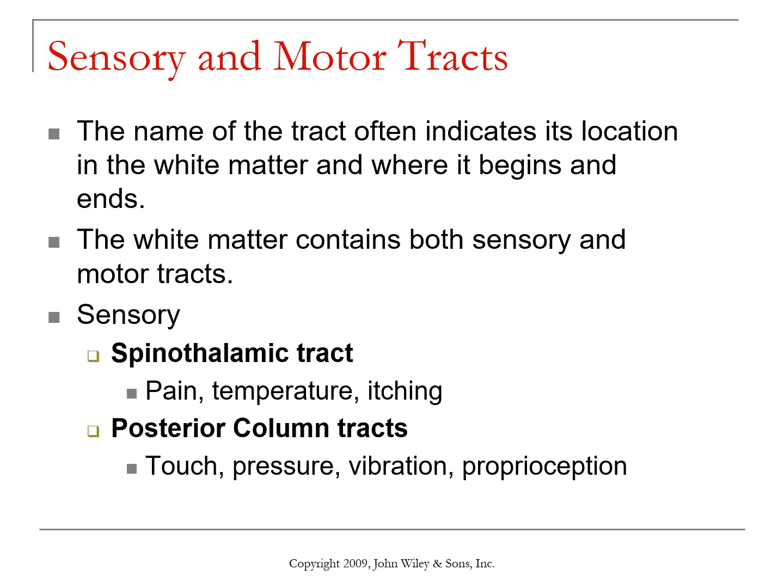So the tracts we will look at are the sensory spinothalamic tract, which is sensory for pain, temperature, as well as itching, and the posterior column tracts, which are sensitive for touch, pressure, vibration, and proprioception. Proprioception, again, are sensations from skeletal muscles and joints, or somatic sensations.